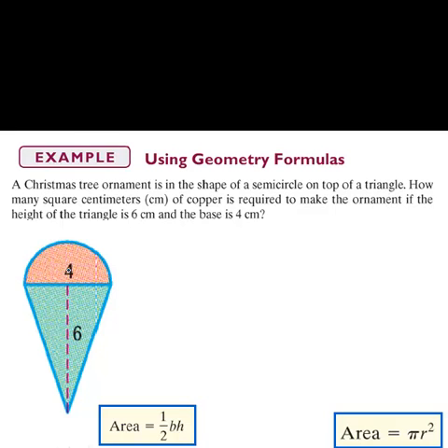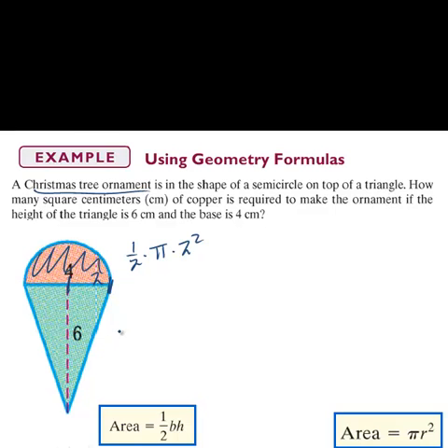All right, so here's a quick example. Suppose that we've got this shape right here, kind of looks like an ice cream cone. They're calling it a Christmas tree ornament. How do you find the area of it? Well, here you've got this top piece right here. That's half a circle. Radius 2, which is half the 4. So 1/2 times pi times the radius squared, which is 2 squared. And then we have this green triangle.